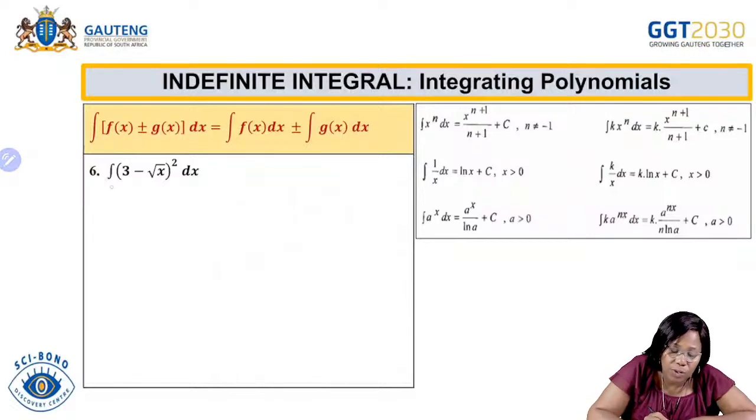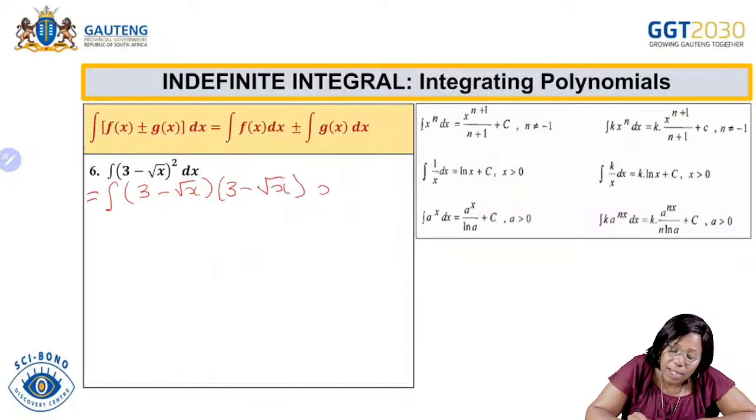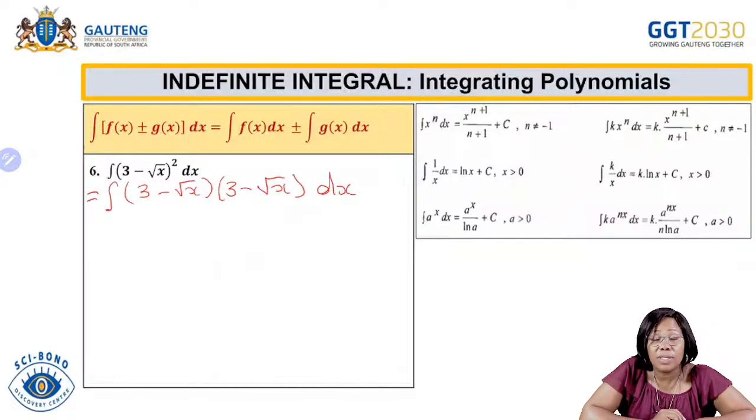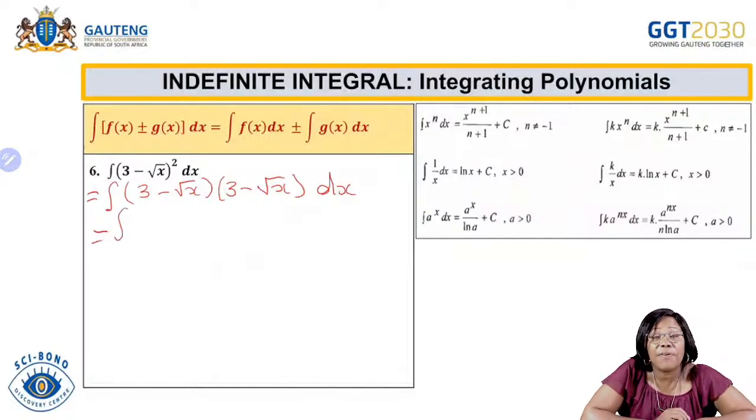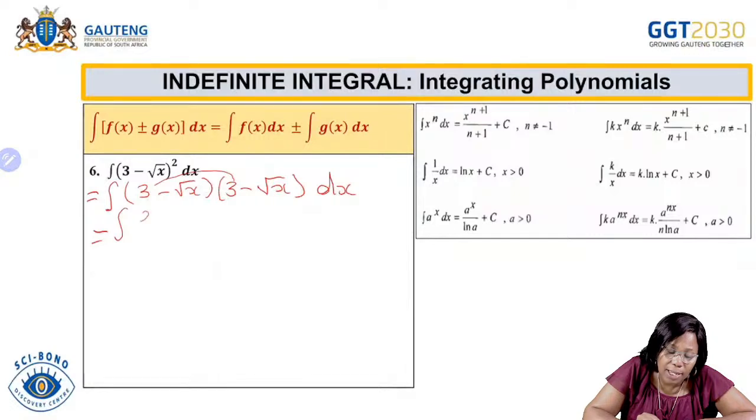And then now let's look at number 6 here. We are integrating. So we have the bracket 3 minus square root x squared. That exponent 2 means 2 brackets of the same thing. And then we are integrating with respect to x. Because we are busy simplifying the brackets, we will still write our integral sign. That will be 3 times 3 there, it's 9.